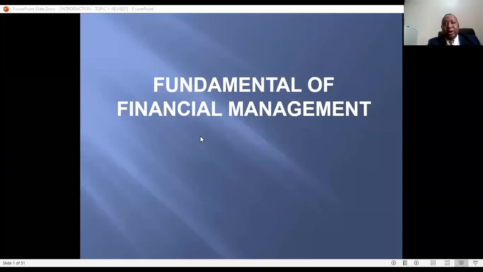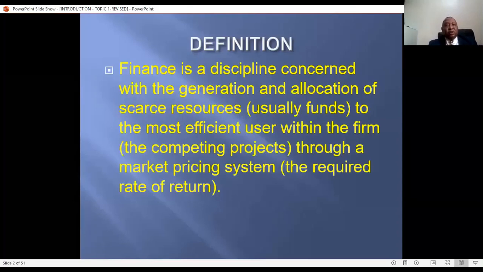Okay, so fundamentals of financial management is our first topic in our course. The first topic is introduction. We start by defining what finance is. You can see on the board what I'm defining.